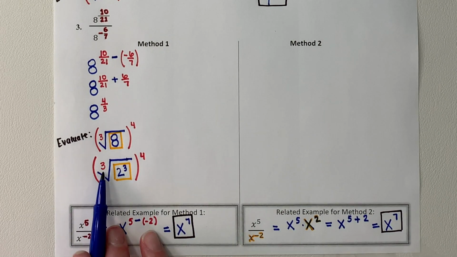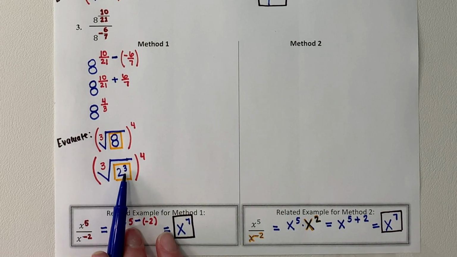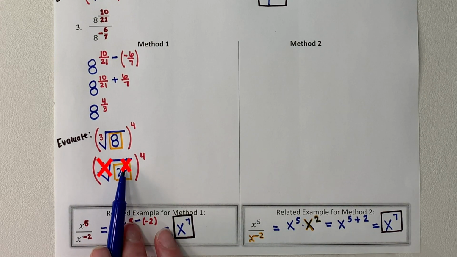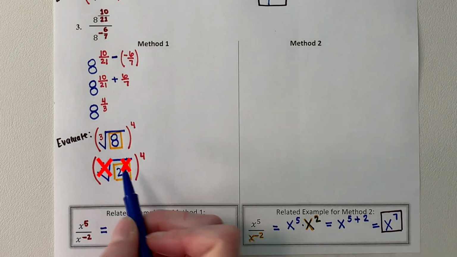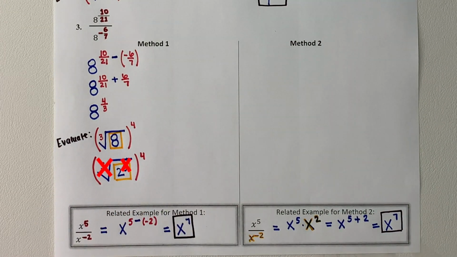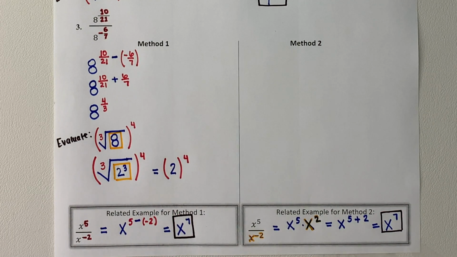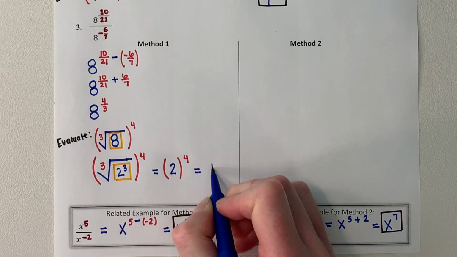Now, since this index matches this exponent, they cancel because the cube root and the cubed power are inverse operations. So if we cancel the cube root and the cubed power, we're just left with 2 raised to the 4th. And 2 to the 4th gives us 16.